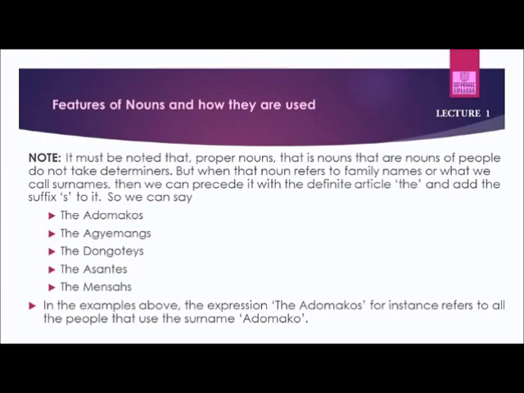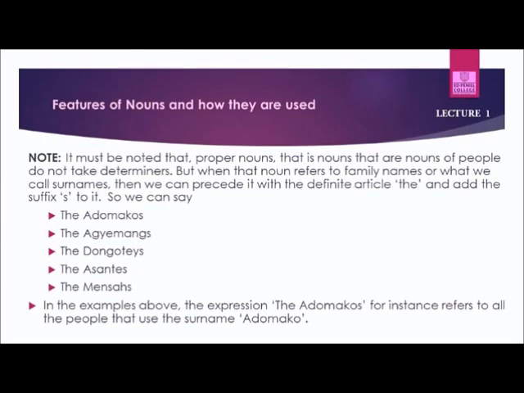So when we say the Adomakons, it is the plus Adomakons, no apostrophe sign. The Adomakons. And then you are referring to all the people who bear the surname Adomakon. You are saying what? The Ajimans. The plus Ajimans. Ajimans is capital A, G-Y-E-M-A-N-G, S. Please take note, the S is not an apostrophe. It is just a suffix we are attaching to it.